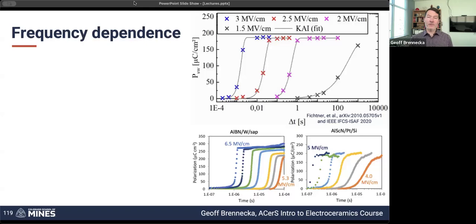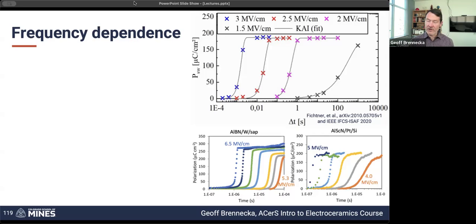So last time I showed you a little bit about Merz's law and how as we apply a field, the polarization is going to maximize, and the harder you push it, so the larger the field you apply, the faster that happens. So this is an example on the top from Simon Fichtner's group at the University of Kiel, doing these kinds of measurements on aluminum scandium nitride ferroelectrics when they were first developed.